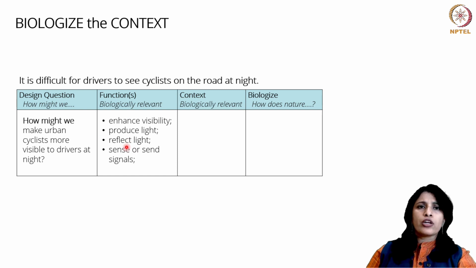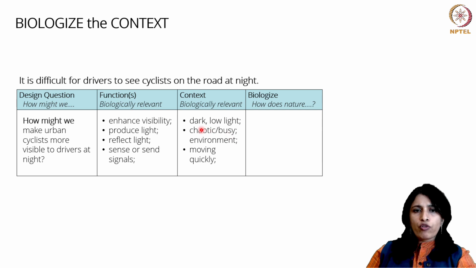So therefore, coming back to our example, you have looked at the design question, you have biologized the function, now you have biologized the context as well. So the biologized context is therefore dark, low light conditions, chaotic and busy environment where things are moving quickly. All these we got from this question by biologizing the function and biologizing the context.